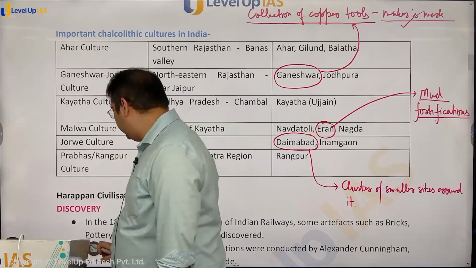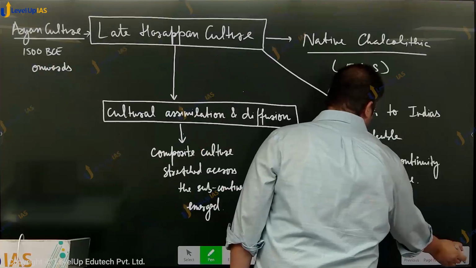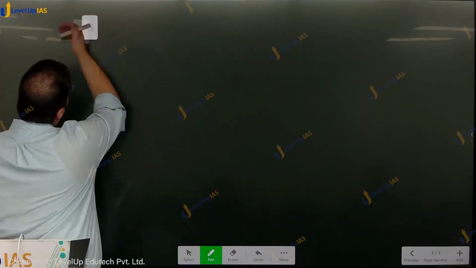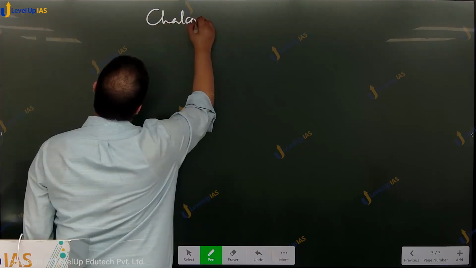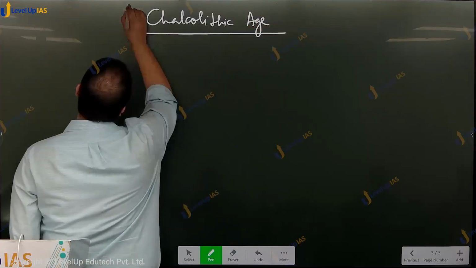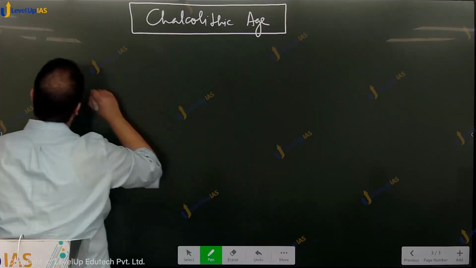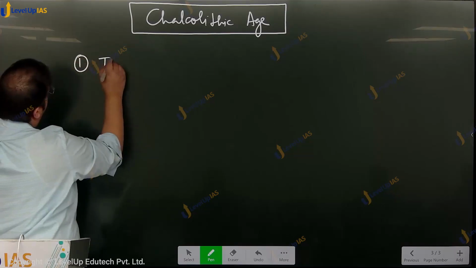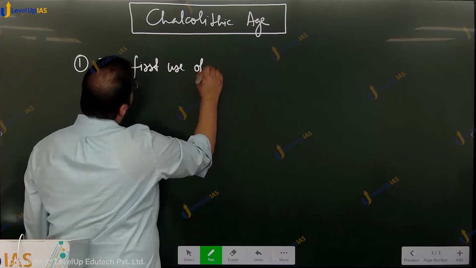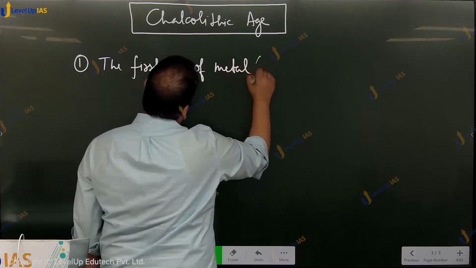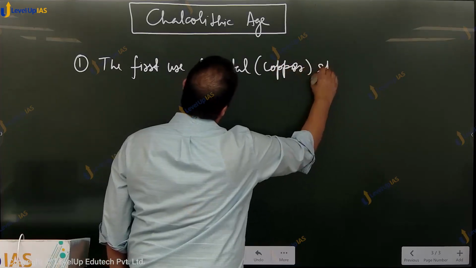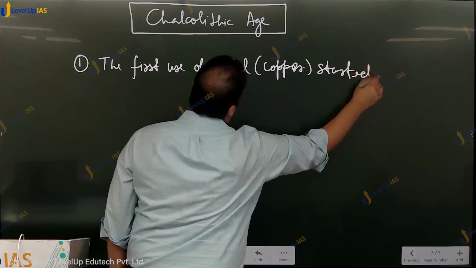Now, what are the things to remember over here? In the Chalcolithic age, firstly, the first use of metal or copper started.